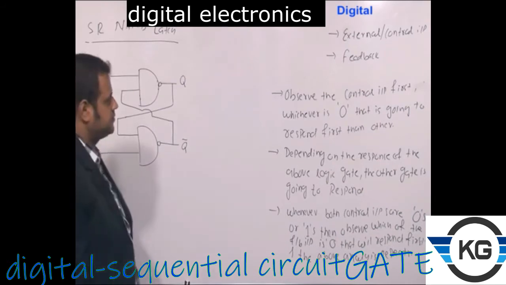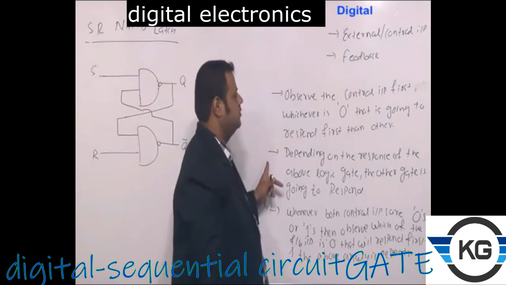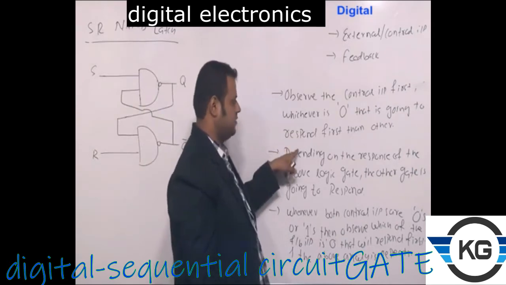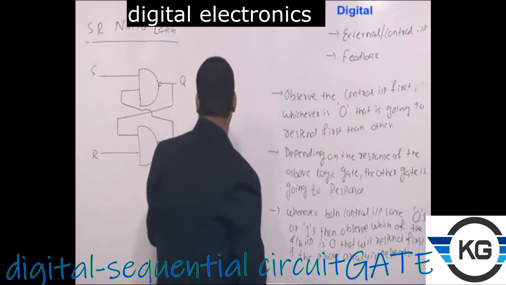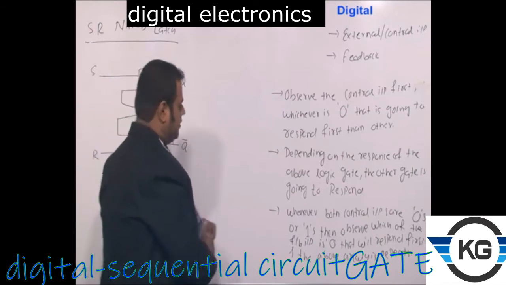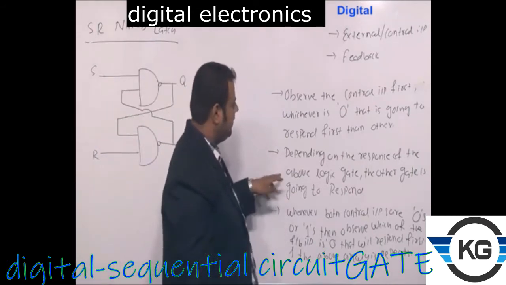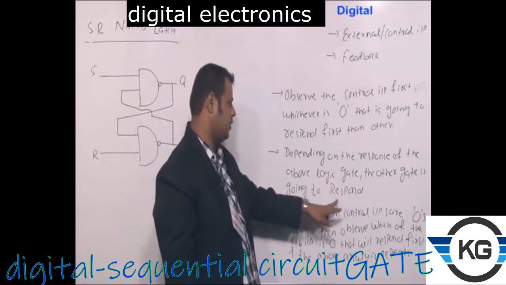Let me read the statements. Observe the control input first. Whichever is 0, that is going to respond first, then the other. I'll come to the meaning of this; once I start analyzing, you will understand what I mean. The other statement: depending on the response of the above logic gate, the other gate is going to respond.